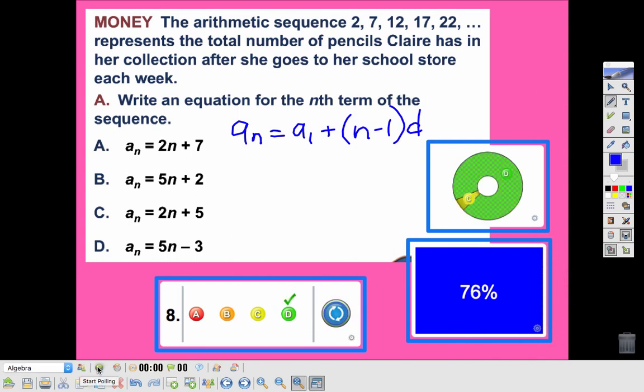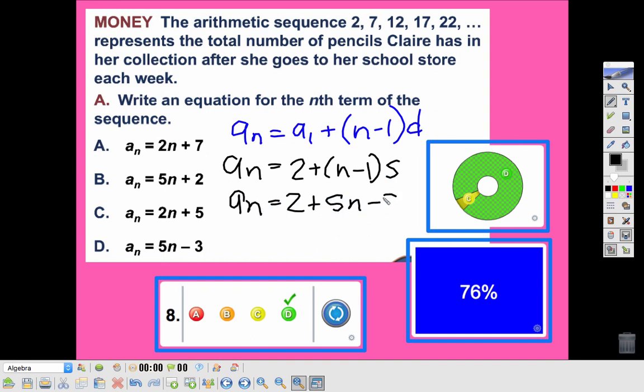Using that formula, because I'm not going to make you memorize that. Pretty good job, guys. So we're finding a sub n equals, what's a1 this time? 2 plus n minus 1 times, what's our common difference? 5. Distribute: a sub n equals 2 plus 5n minus 5.